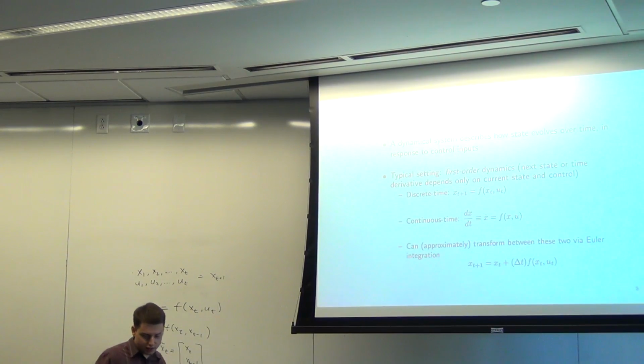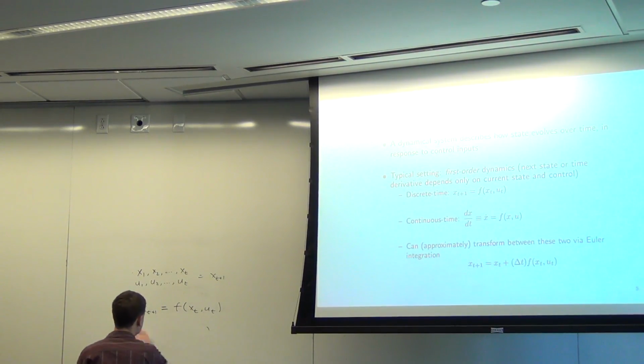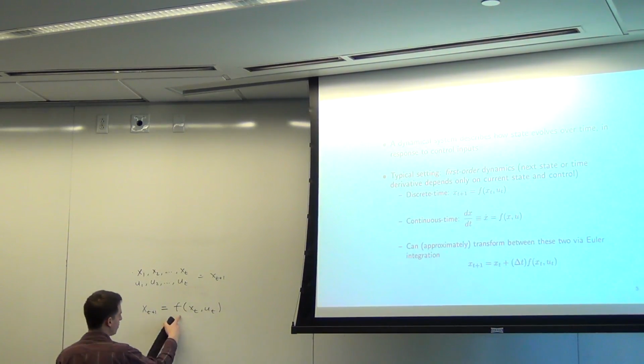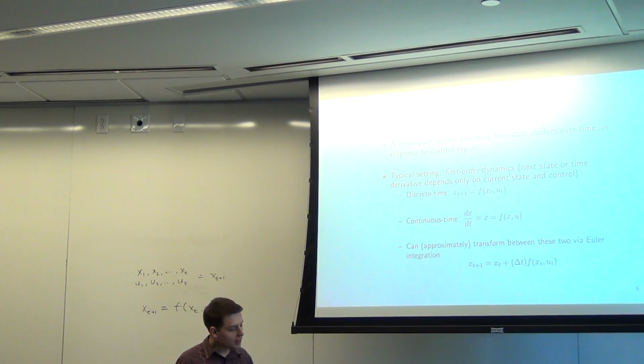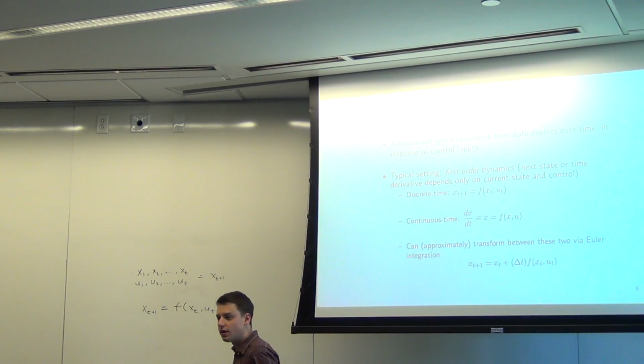Okay, are there any questions about this here? Who here has taken a basic course on control before, or has seen stuff like this before? Okay, some. Okay, so this is the form of the equation that we're going to talk about. And in some sense, this can also be used as a definition of what state means.